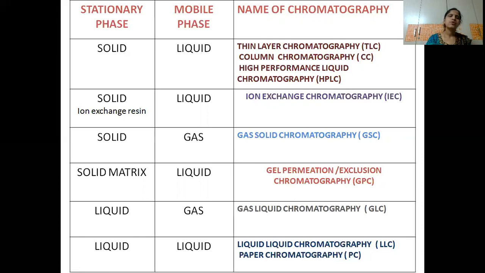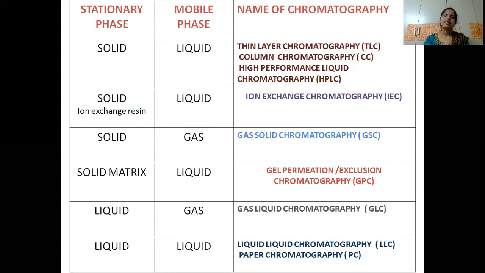Then if the solid is a resin, that is an ion exchange resin, it helps in the exchange of ions. The principle involved is exchange of ions based on the stationary phase where a resin is used, which has some polar groups. The mobile phase is liquid. We see this in the ion exchange chromatography technique.